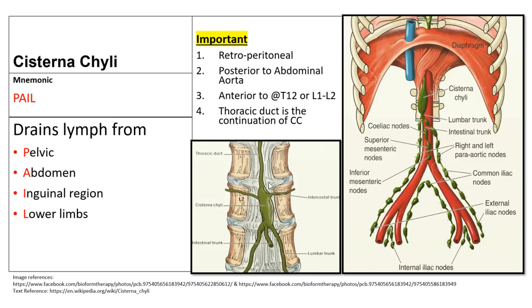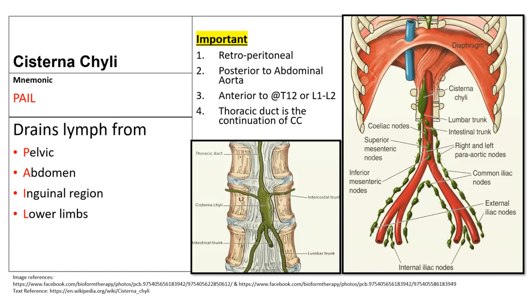So you can see this is the cisterna chyli here, and right now it shows right in front of the L2 vertebra, but it could be anywhere in the range of T12 to L2. And the thoracic duct is the continuation of cisterna chyli. So these four things you need to remember when it comes to cisterna chyli.